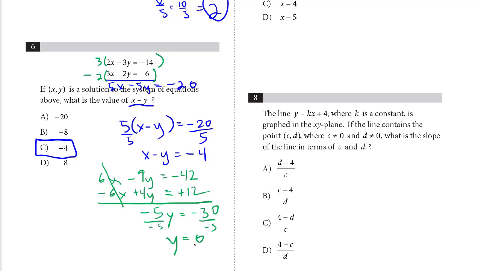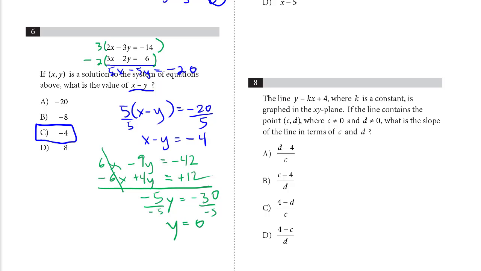Okay, well, if y equals 6, what does x equal in this case? Let's plug in for the first equation. 2 times x, which is unknown, minus 3 times y, which is 6, equals negative 14. So 2x minus 18 equals minus 14.